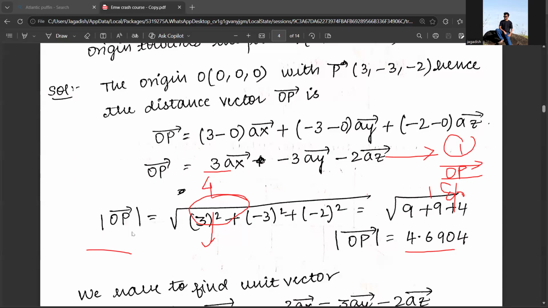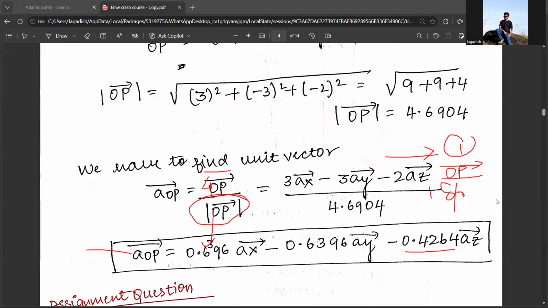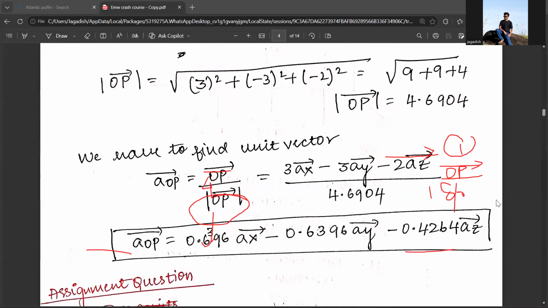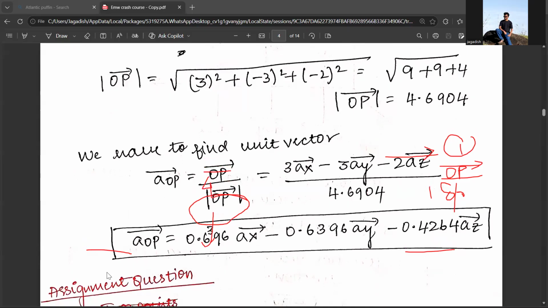So will you get this equation? 0.6396 AX minus 0.6396 AY minus 0.4264 AZ. You verify. Yes, sir. Okay. Now I will be giving you an assignment question, but you will not solve it.